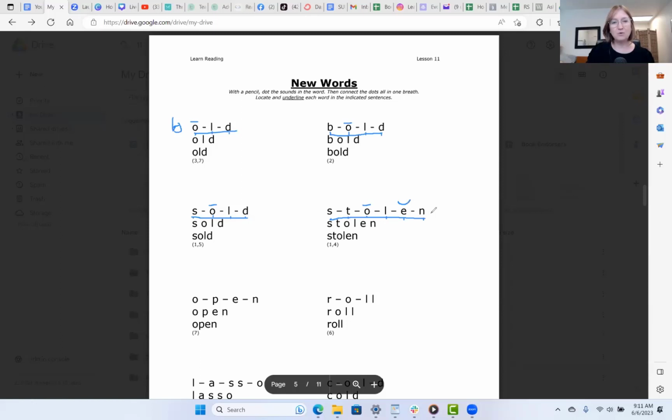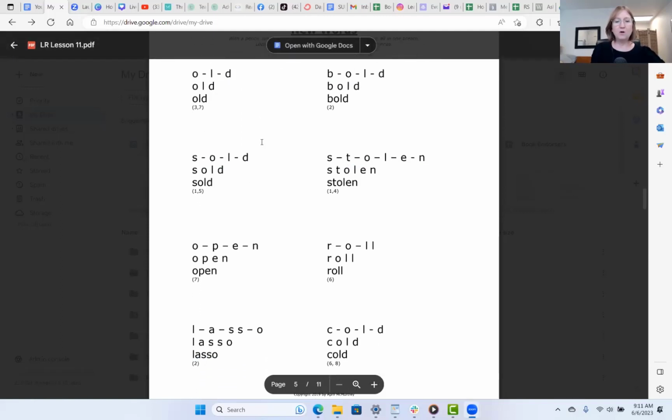That tap 2 rule. So when you combine those sounds, we have stolen, stolen.